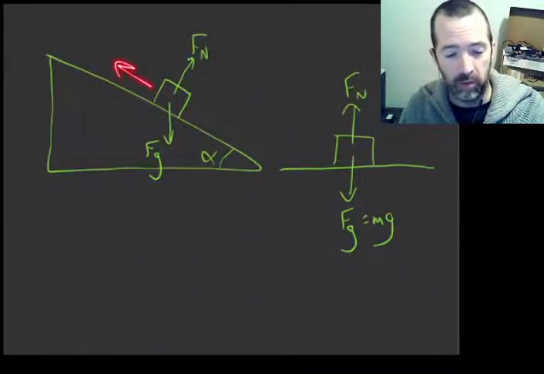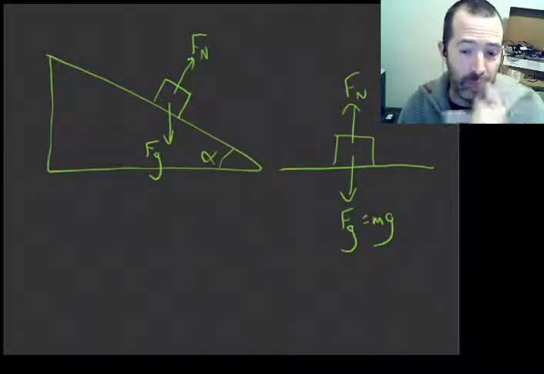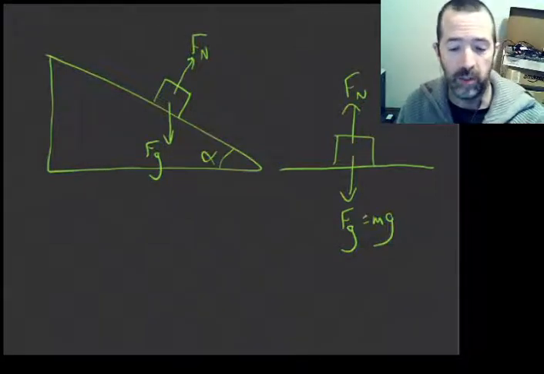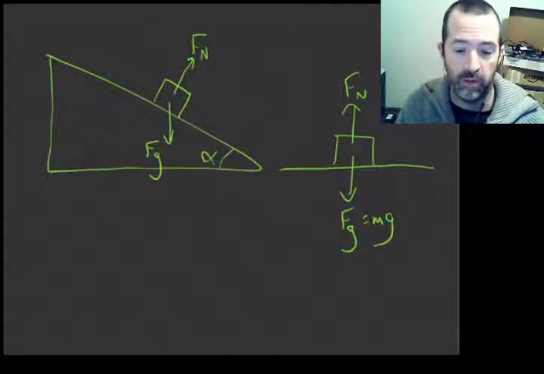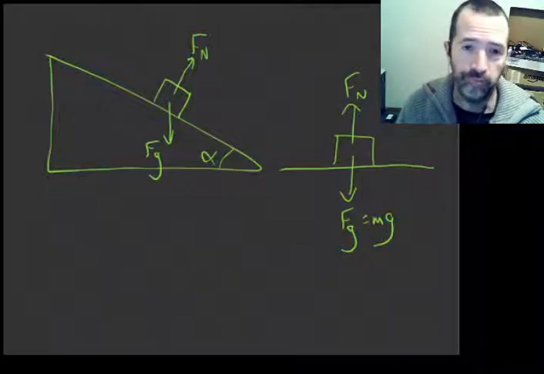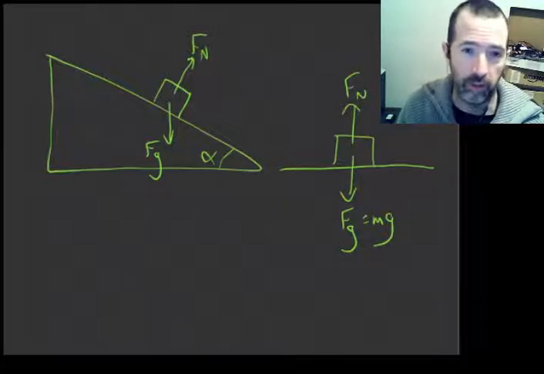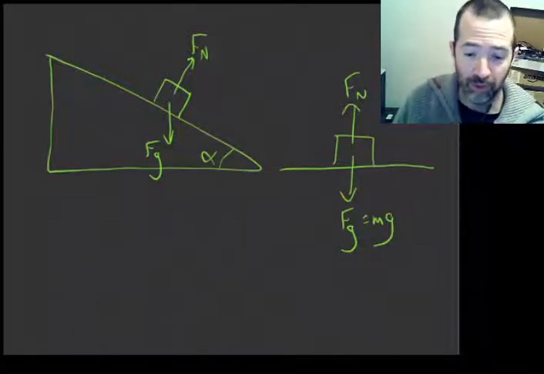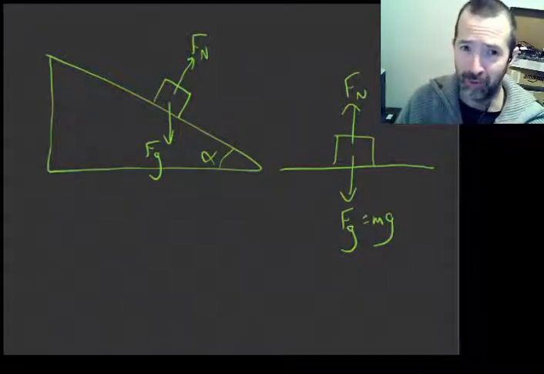So you might have forces going uphill, you might have forces going downhill, but you're not usually going to have, say, a force which is horizontal. You could, but usually the problems aren't written that way. If you were actually pushing something up or down a ramp, you probably wouldn't apply a horizontal force. You would probably apply it parallel to the ramp surface.